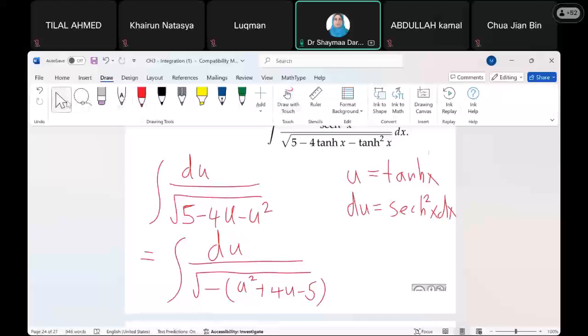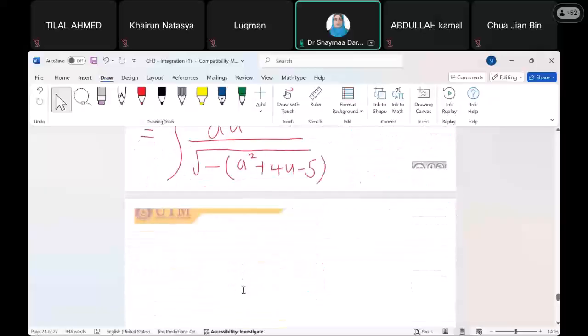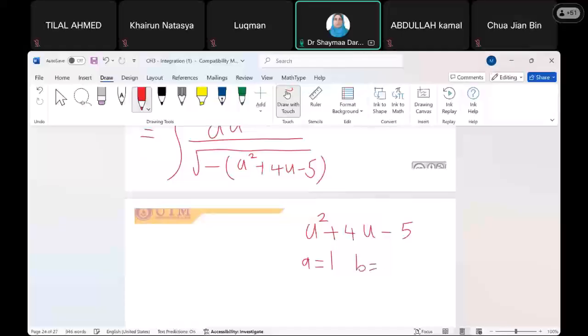Now I will complete the square for this one: u square plus 4u minus 5. Completing the square, a equal to 1, b equal to 4, c equal to minus 5.